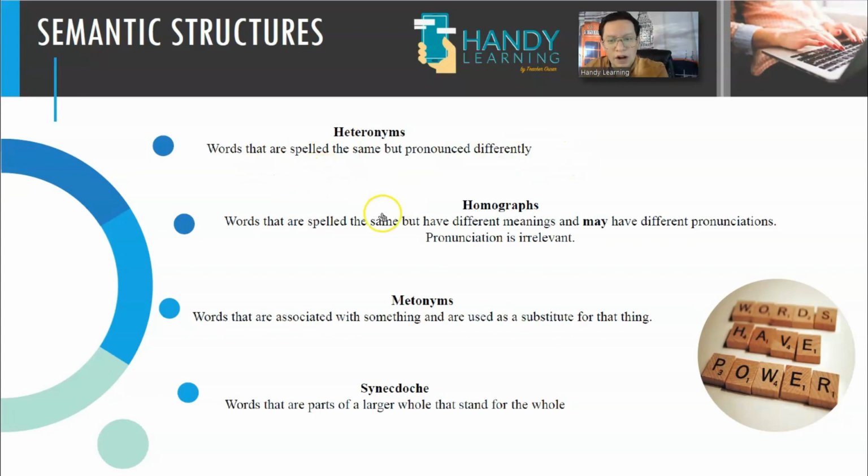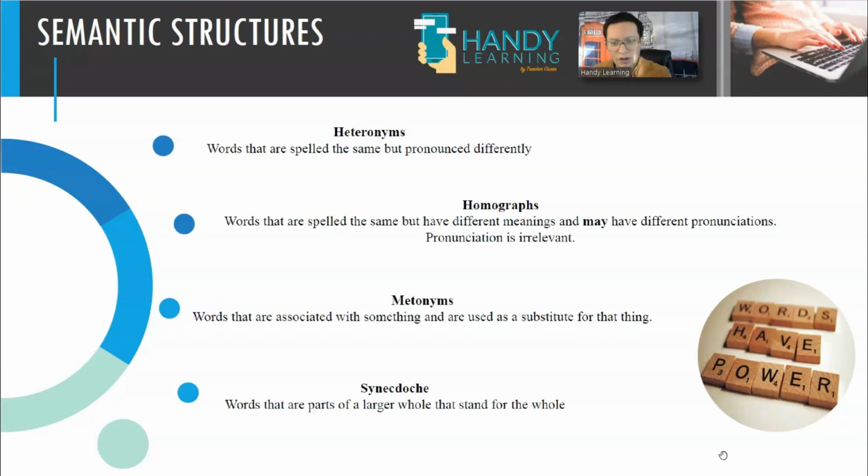Then we have homographs, words that are spelled the same but have different meaning and may have different pronunciation. The pronunciation in the end is irrelevant. Then we have metonyms, words that are associated with something and are used as a substitute for that thing.